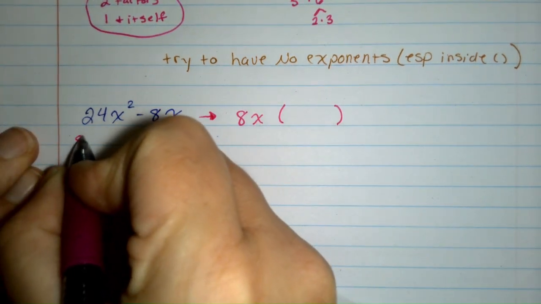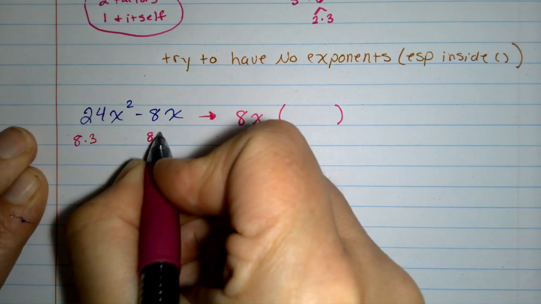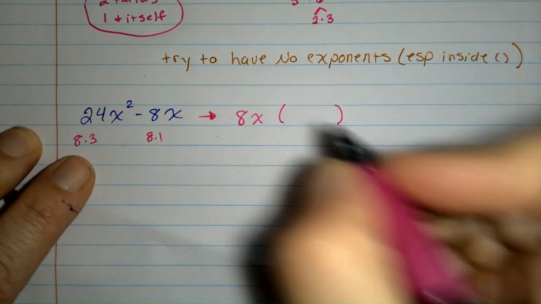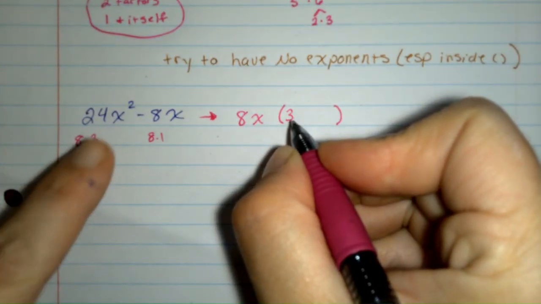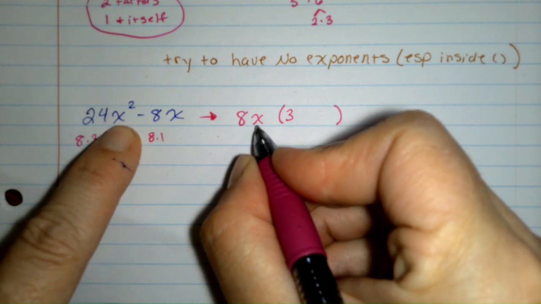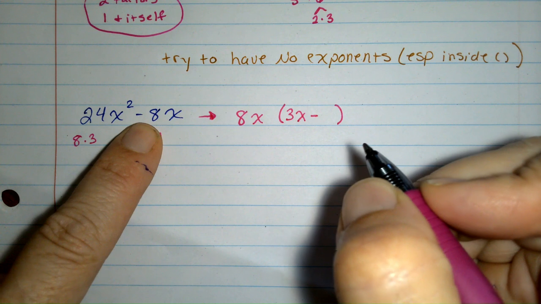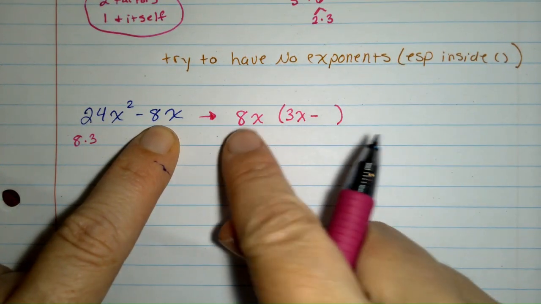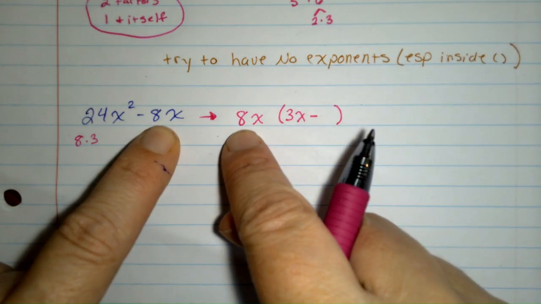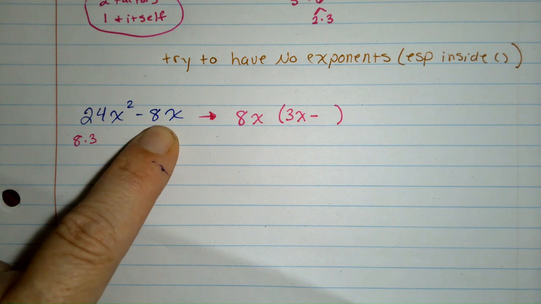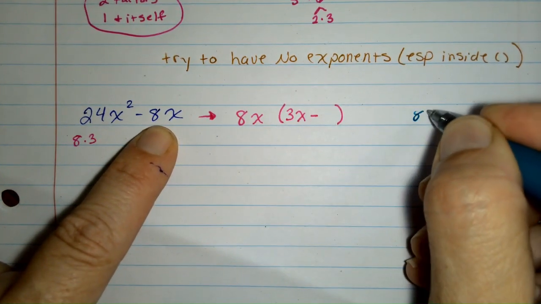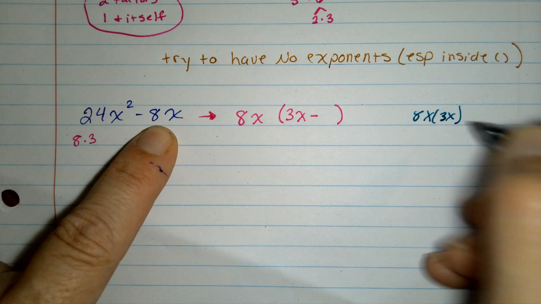And if you said this is 8 times 3 and this is 8 times 1, you'd be correct. So we'll have a 3. It was an x squared, but we have an x out front, so we'll have an x in here. Minus. Now you might notice that this is 8x and this is 8x. And some students are content to just write this, and they stop.